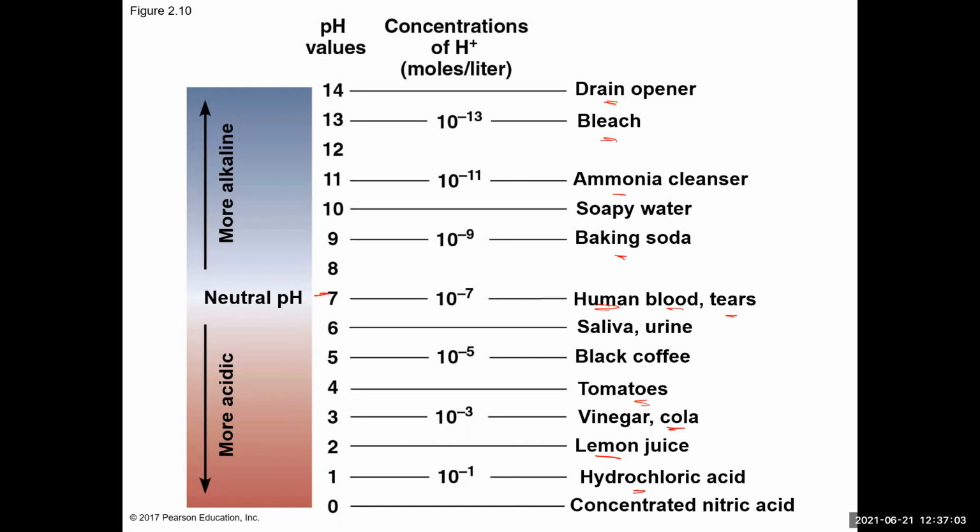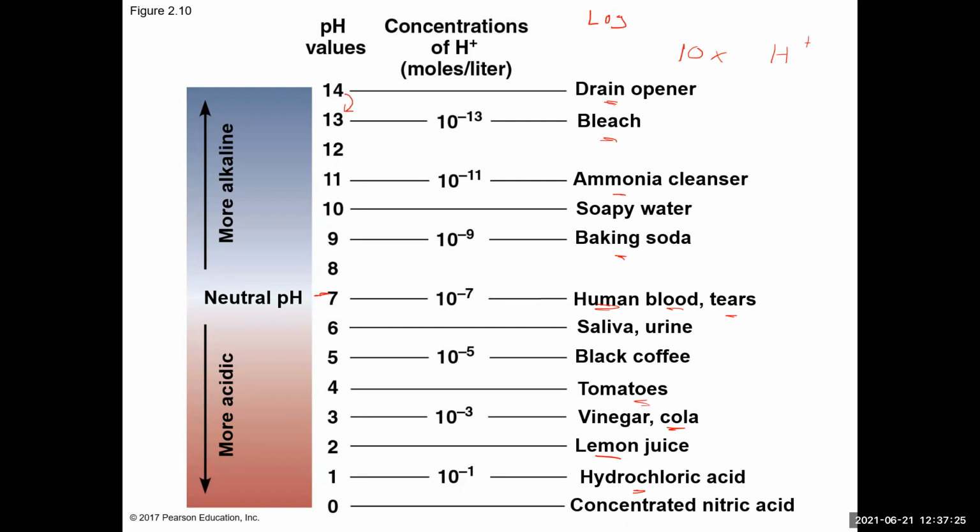And one thing that I want to mention is that the pH scale is a log scale, right? So basically that means that every one change in the pH scale is a 10 times change in hydrogen ions.